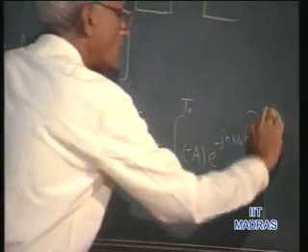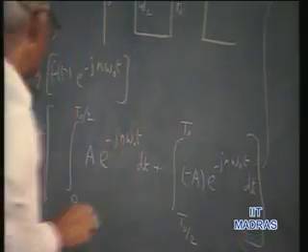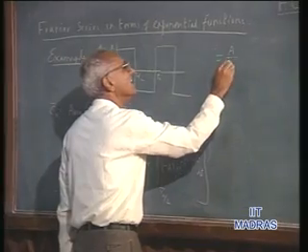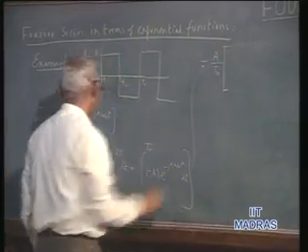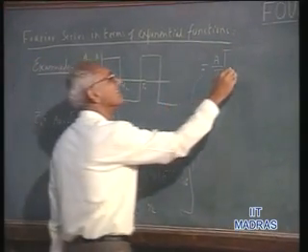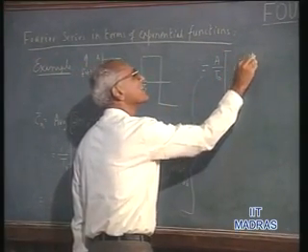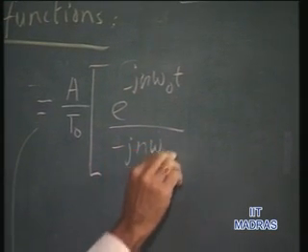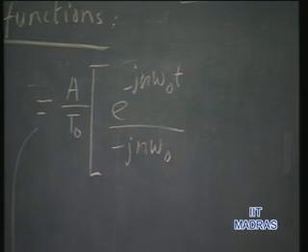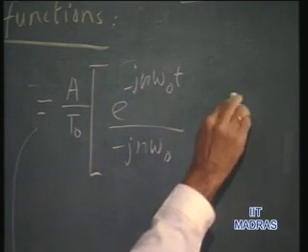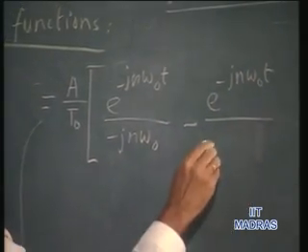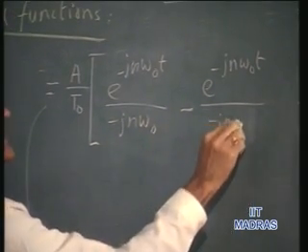So I take the A outside, A upon T naught. The first integral will yield e to the power of minus jn omega naught t by minus jn omega naught, minus, because of this minus sign here, e to the power of minus jn omega naught t divided by minus jn omega naught.